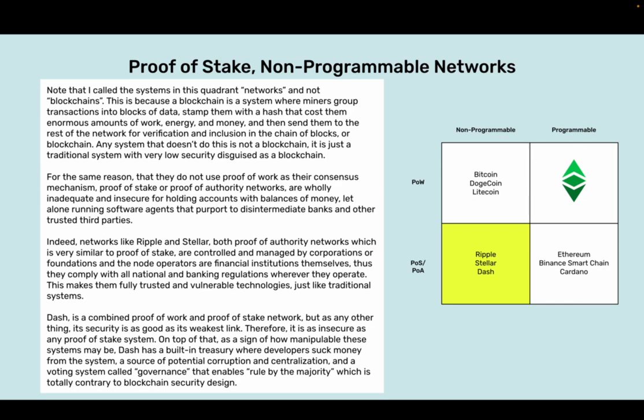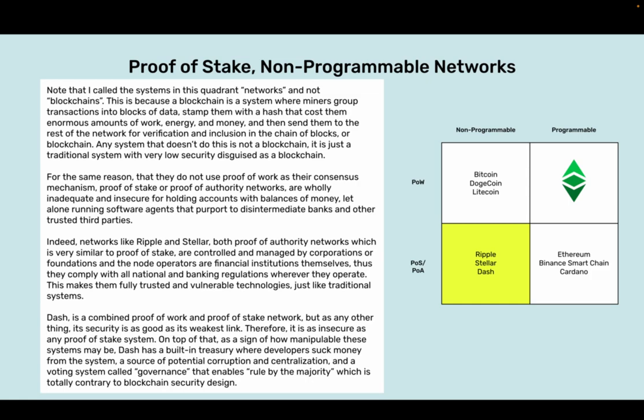For the same reason that they do not use proof of work as their consensus mechanism, proof of stake or proof of authority networks are wholly inadequate and insecure for holding accounts with balances of money, let alone running software agents that purport to disintermediate banks and other trusted third parties.